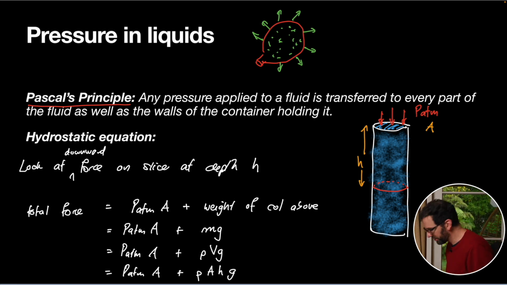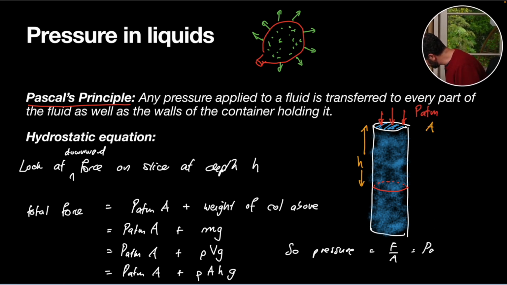Okay, now that gives us an expression for our total force at that depth. To turn it into a pressure at that depth, we just need to divide by A. So pressure is force over area, which will be atmospheric pressure plus rho g h, without the A. I know I've written the symbols down in a slightly different order, but that's the standard way this is expressed.